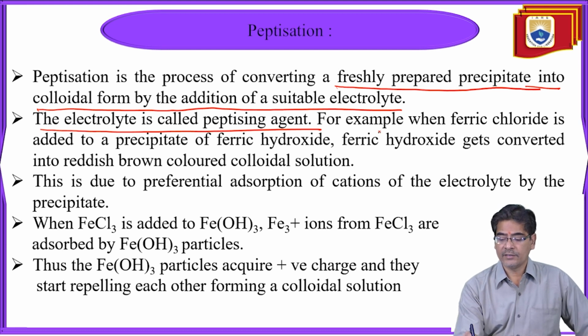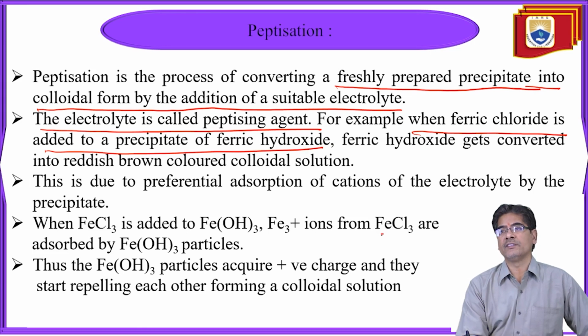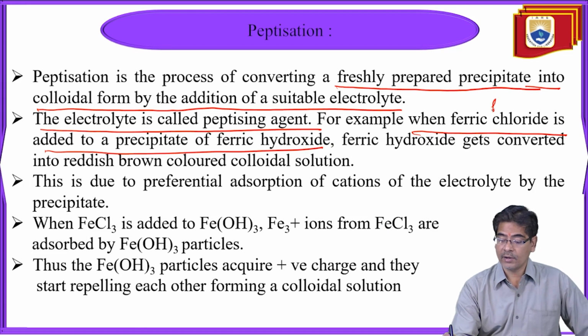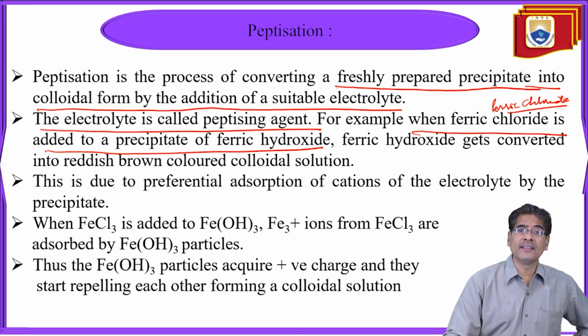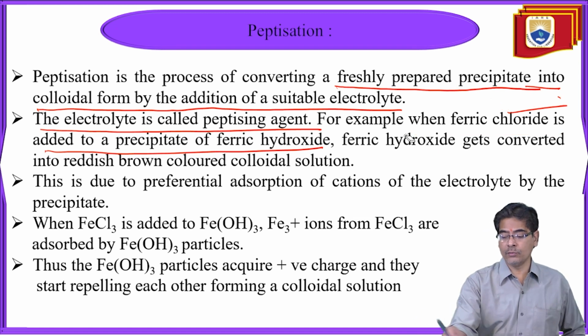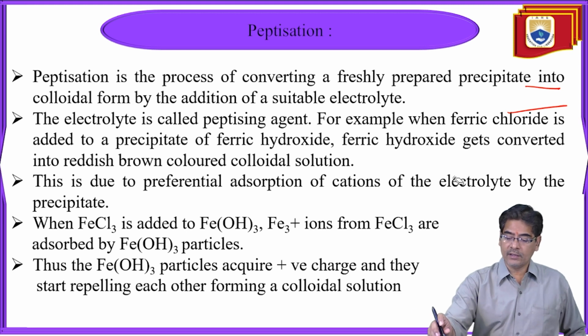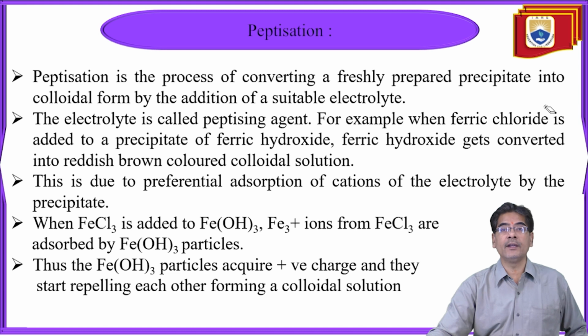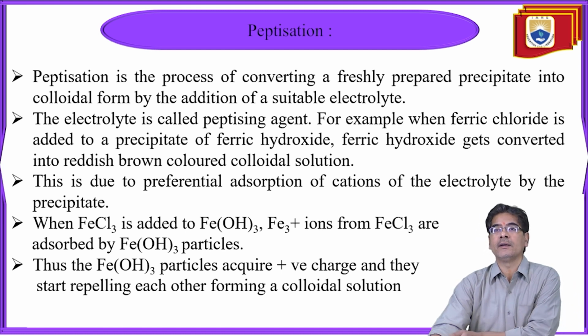For example, when ferric chloride, FeCl3, is added to a precipitate of ferric hydroxide, the ferric hydroxide gets converted into a reddish brown colored colloidal solution.